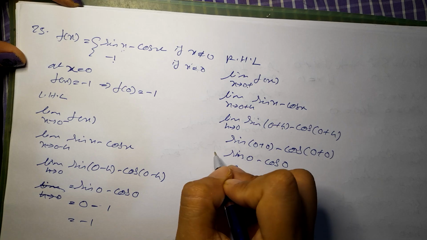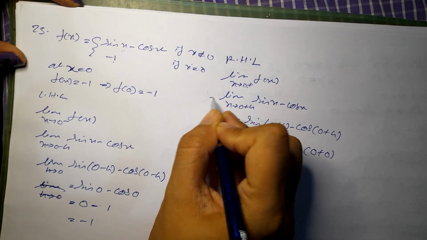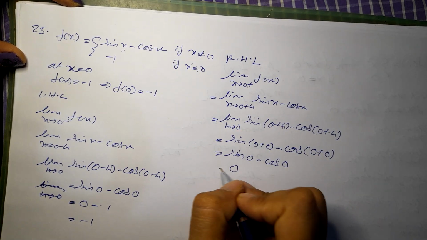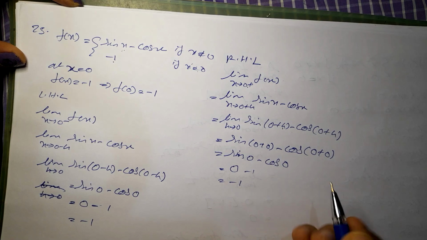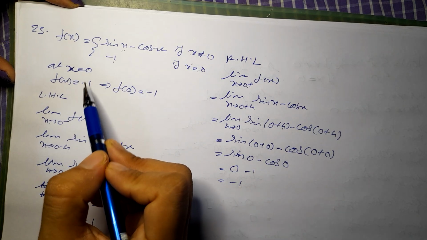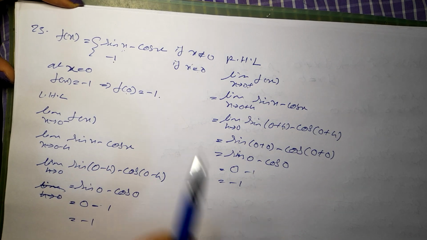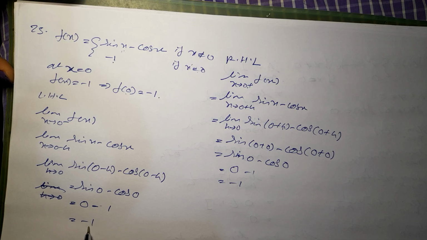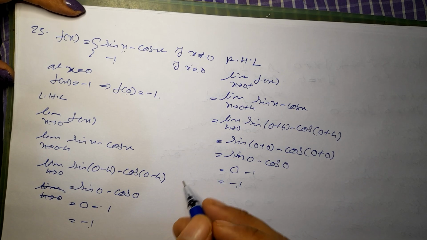Sin 0 is 0, cos 0 is 1, so it gives minus 1. So here also f of 0 is minus 1, left hand limit minus 1, right hand limit minus 1, so it is continuous.